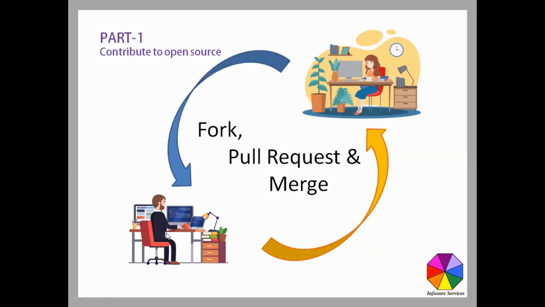A pull request will send a request to this configuration manager. And then the configuration manager sees from a list of requests that, oh, he has raised a pull request after making modification to the code.